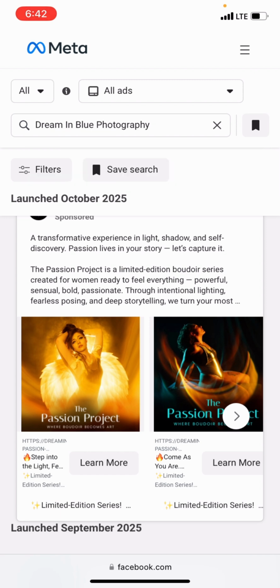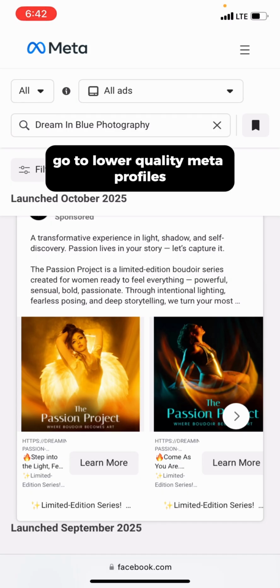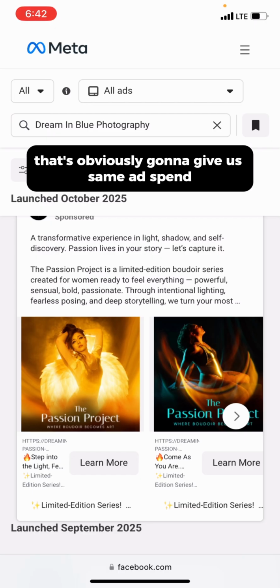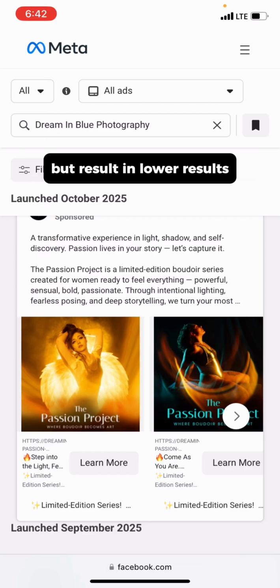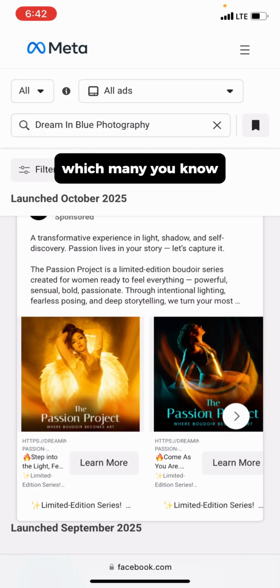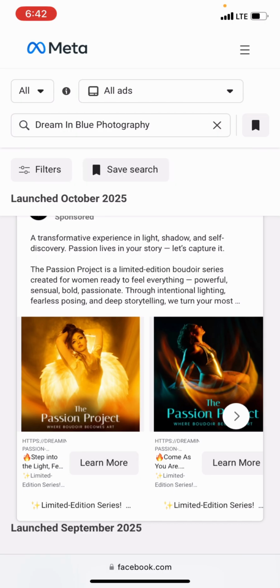As a result, our ads for tranche 2 go to lower quality Meta profiles that have a lower account level, or master or global, conversion rate. And what's that going to give us? That's obviously going to give us the same ad spend but lower results, which a lot of boudoir Facebook advertisers have experienced.